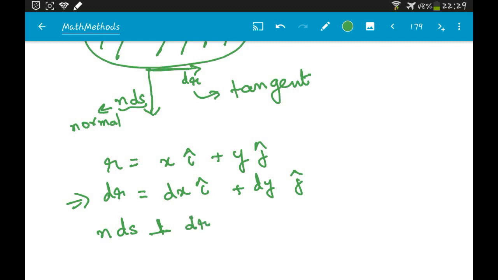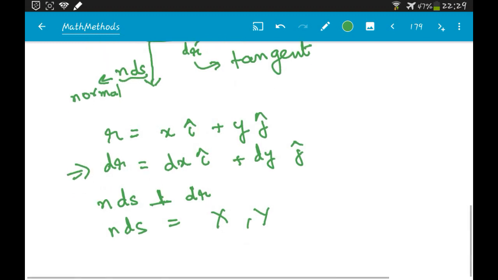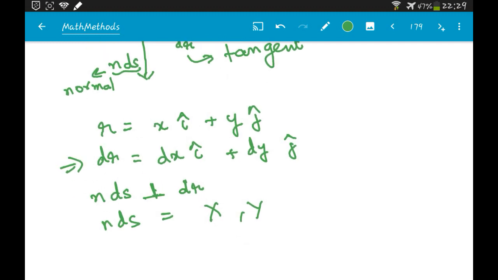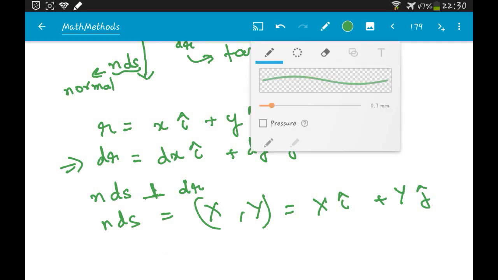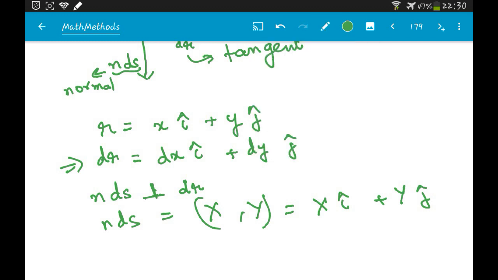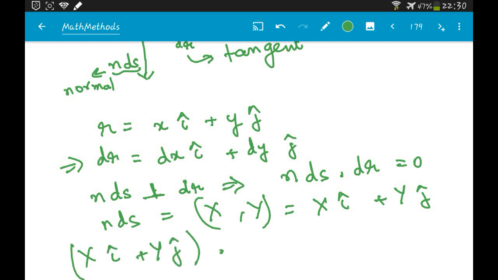So something that is perpendicular to dr: imagine that n ds is written as X i plus Y j. If this is perpendicular, it means that n ds dot dr should give you 0. So we have X i plus Y j dotted with dx i plus dy j equals 0.